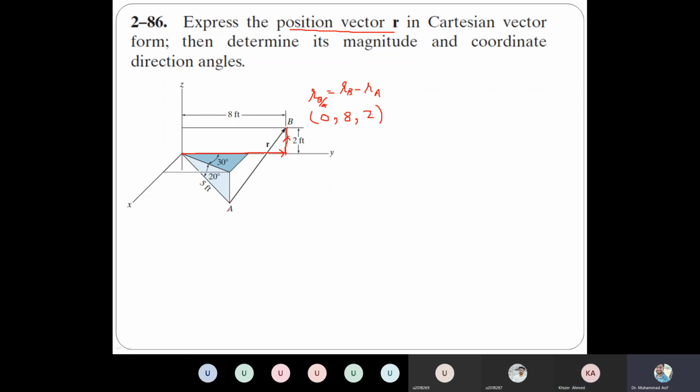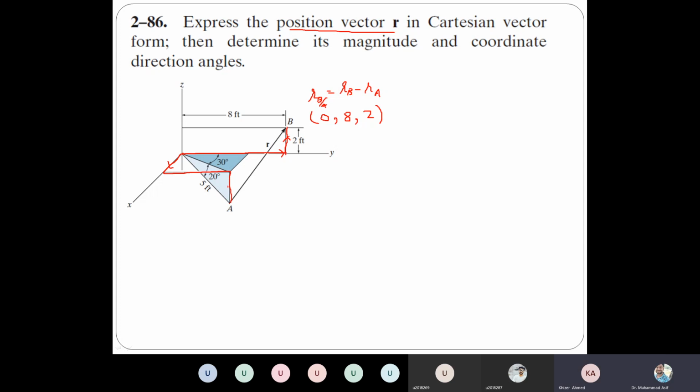Similarly, we have to figure out the position of point A. How can we get the position of point A? We have to start from the origin. From the origin, we have to move in the positive x direction, this much, right? And then we have to move in the positive j direction, and then we have to move in the negative k direction.